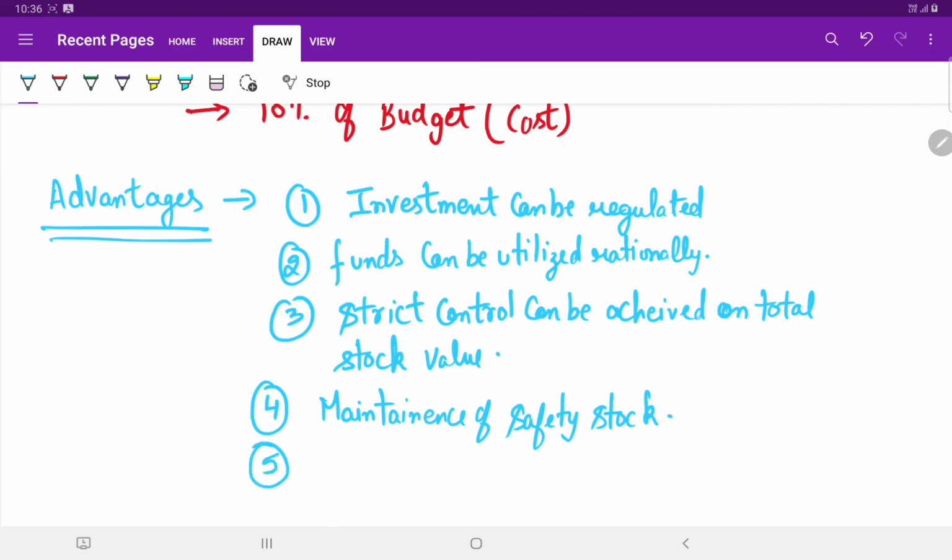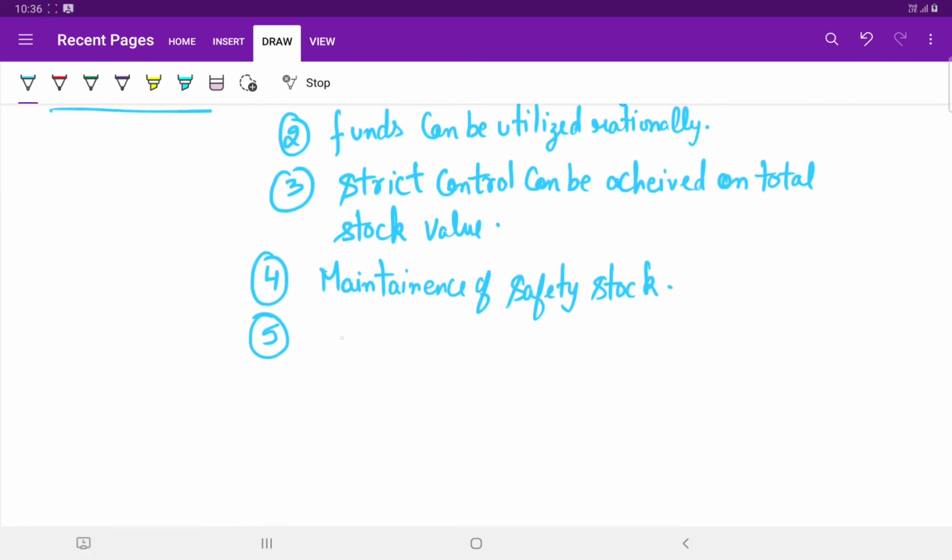The 5th one is the scientific and selective control helps in maintenance of a high stock turnover rate. So a high stock turnover rate can be achieved.